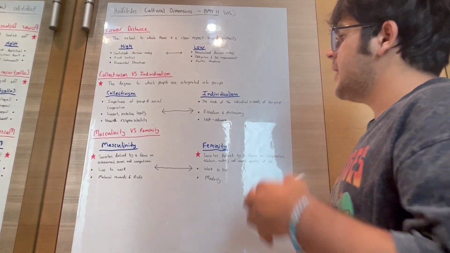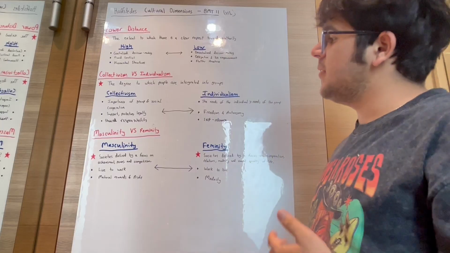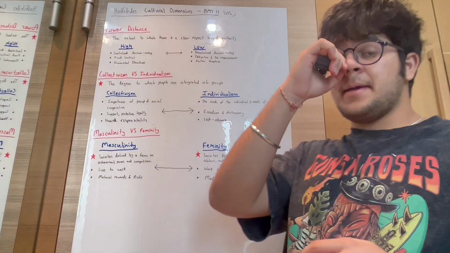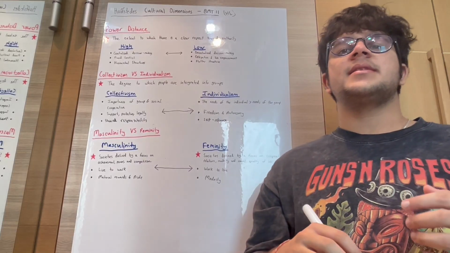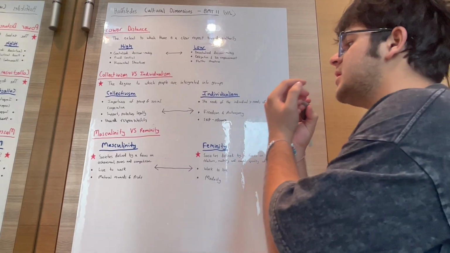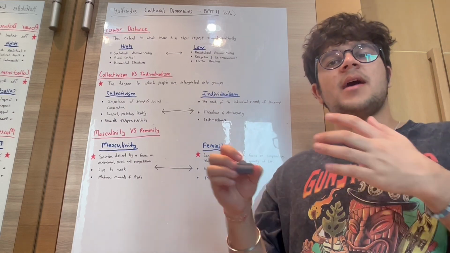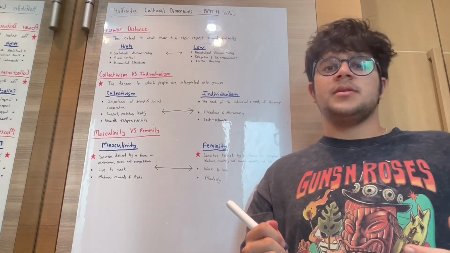So now let's move on to masculinity versus femininity, okay? Now, this is kind of in the name, okay? It is this sense of focusing on the stereotypical male and female traits and how these roles play in communities, okay?